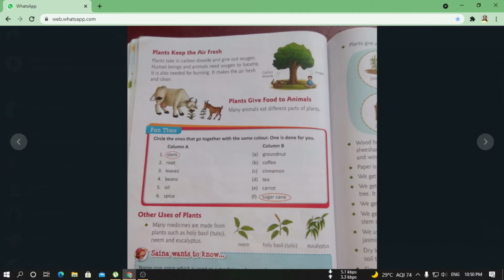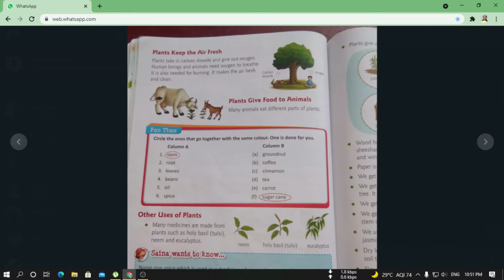Human beings and animals need oxygen for breathing, and we also need oxygen for burning, and it makes the air fresh and clean. Okay, so plants give us fresh air.